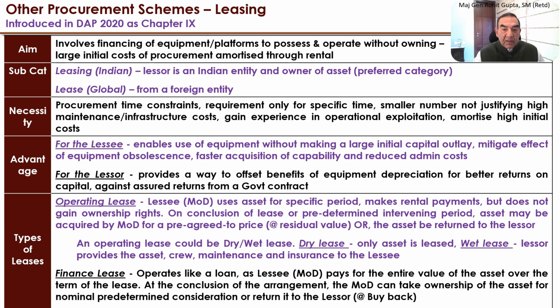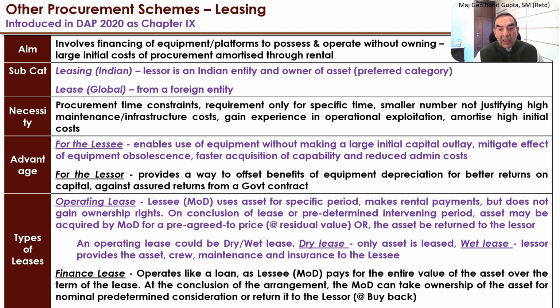Types of leases. These may be operating lease or finance lease. In the operating lease, the lessee, which is the MOD, uses the equipment only for a specific period. It makes rental payment on agreed time frame, but it does not gain ownership rights.